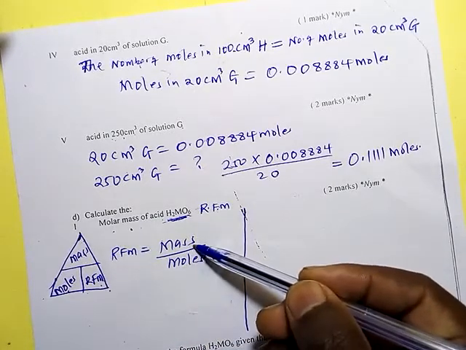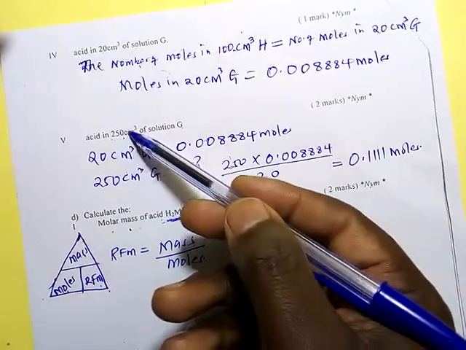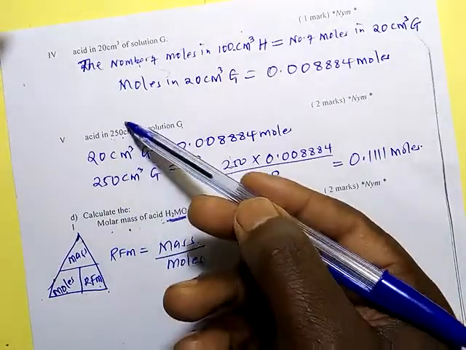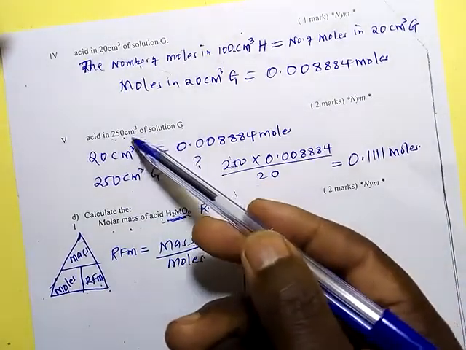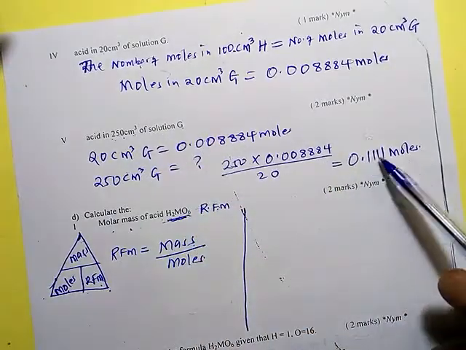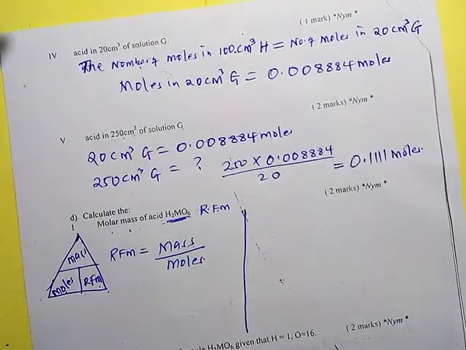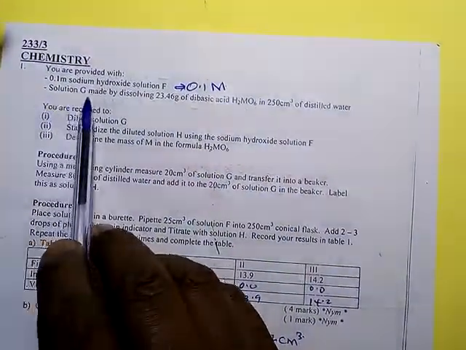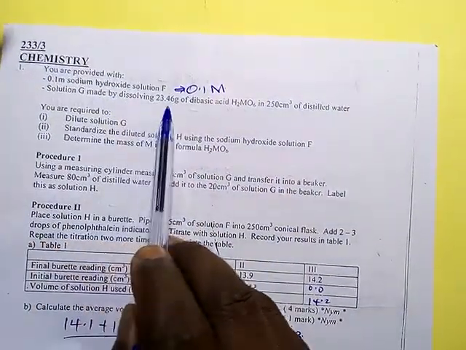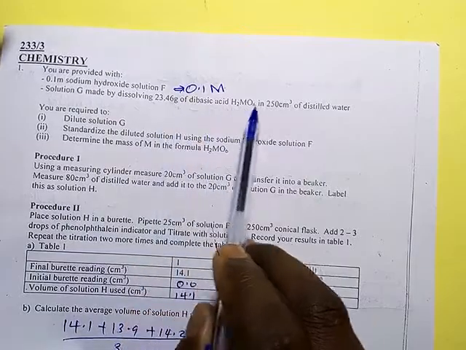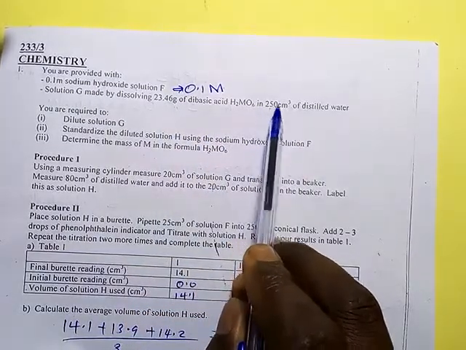I have the mass in 250 centimeters cube, and I have the number of moles in 250 centimeters cube of solution G. The mass is here: solution G was dissolved in 23.46 grams. That one I will do directly.